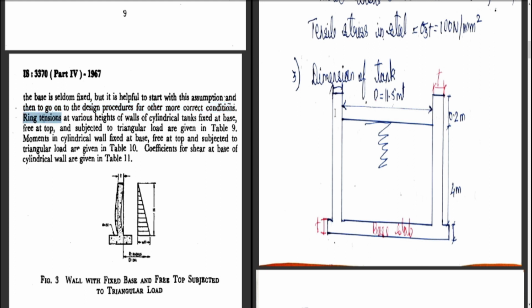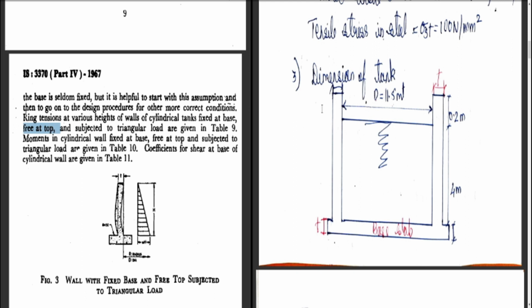So that is ring tension at various heights of the wall of cylindrical tank fixed at the base, free at the top and subjected to a triangle load, are given in table number 9. So remember, the ring tension to be computed are given in table number 9, and our condition is circular water tank with fixed base, free top and subjected to triangular load.